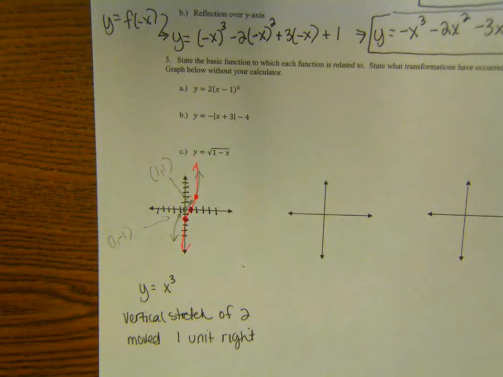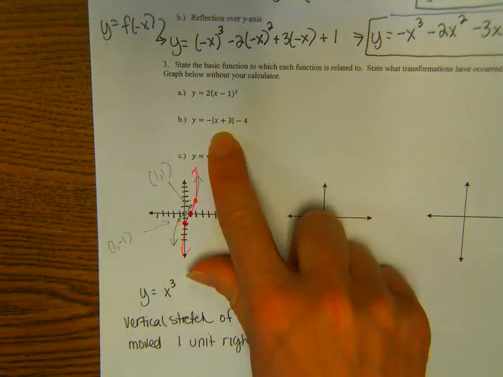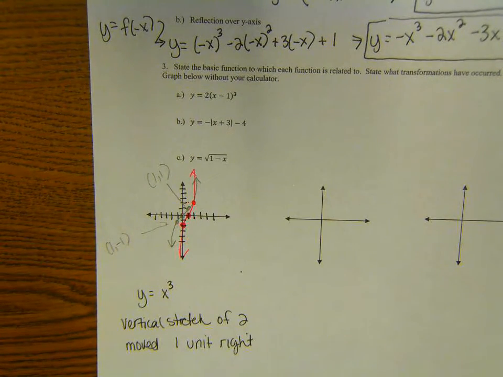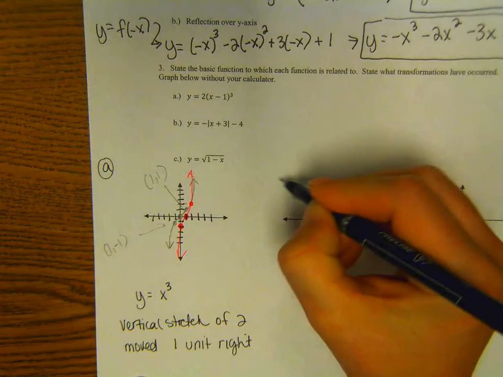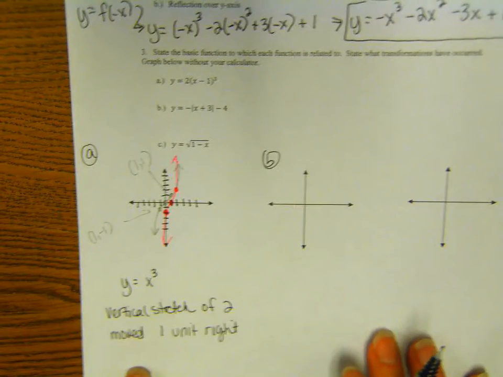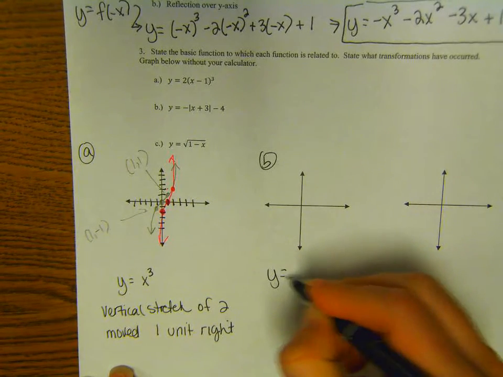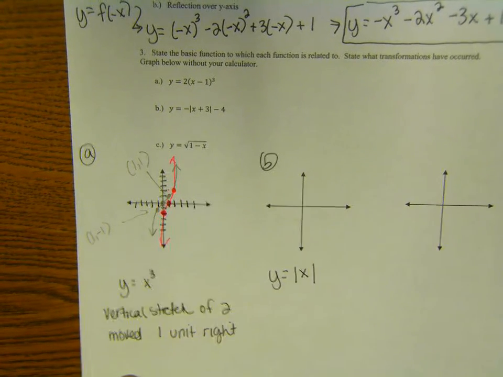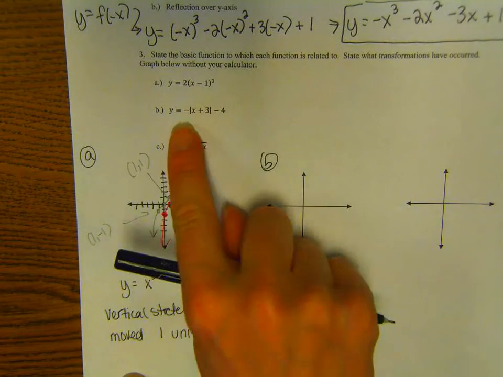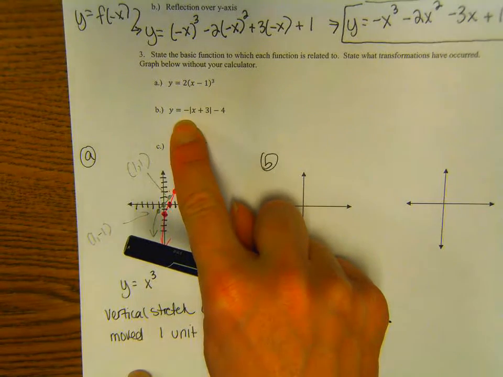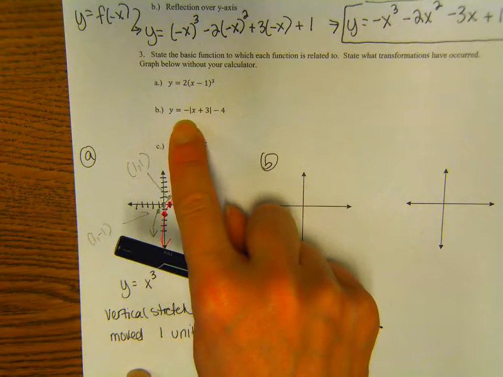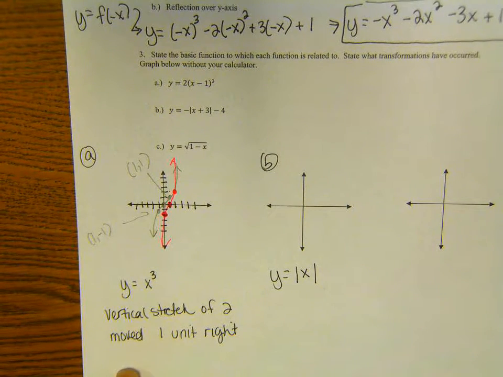All right, absolute value. Let's do B. So what's the parent function that this one's related to? y equals absolute value of x. Okay, what does this negative out in front mean? Out in front of the whole function.